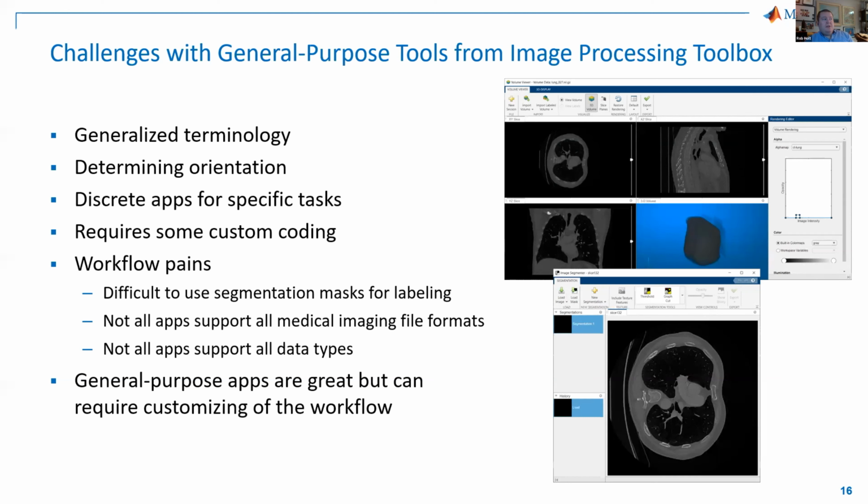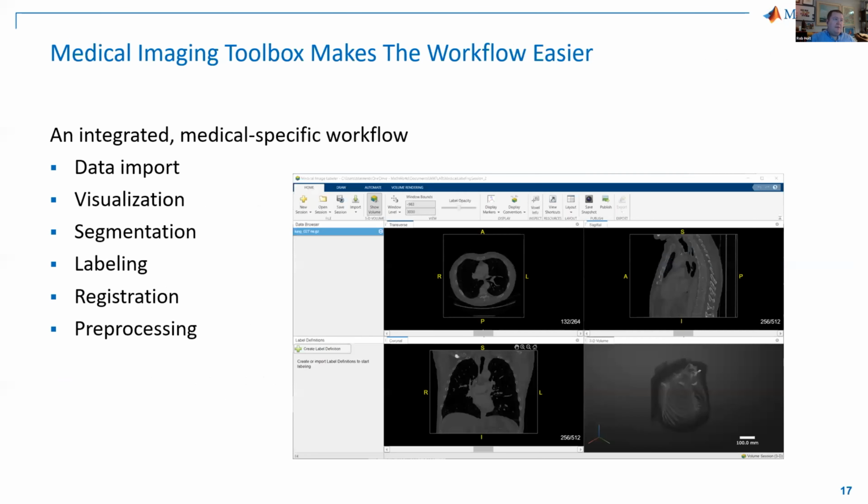So what we did was, rather than have this general purpose app, we wanted to make something that was specific for medical imaging. And so now what we have is an integrated medical specific workflow that is meant for medical image analysis.